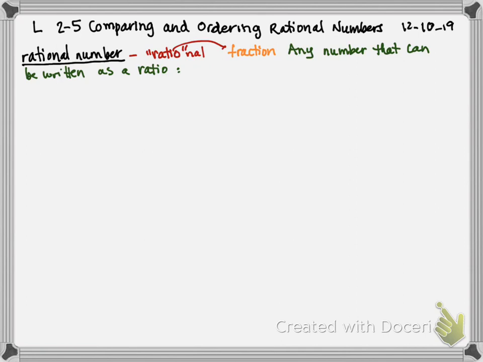So this includes fractions, decimals, and percents. So all the things we've been studying in this chapter are all considered rational numbers. Now there's other things that can go in rational numbers, integers, and you'll learn more about those. We might even touch on that in this class in a little bit.